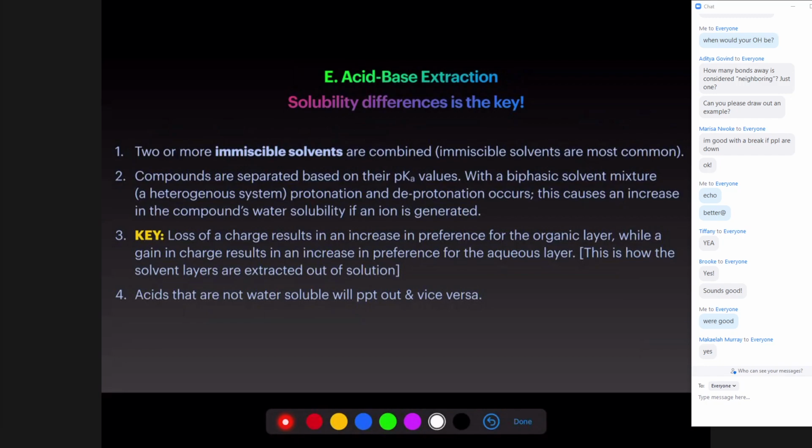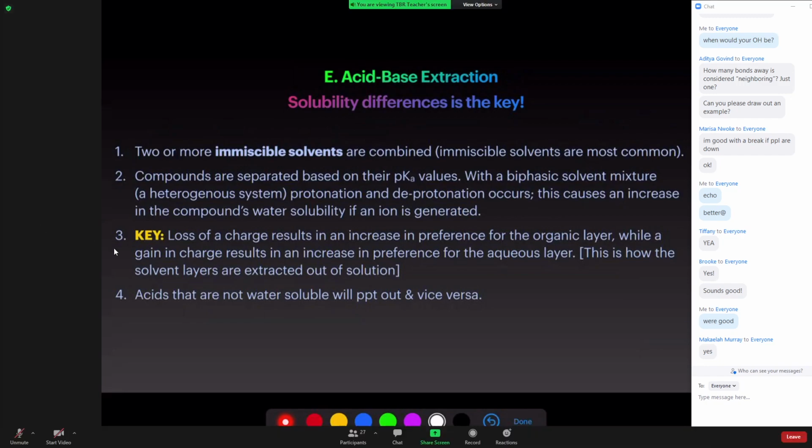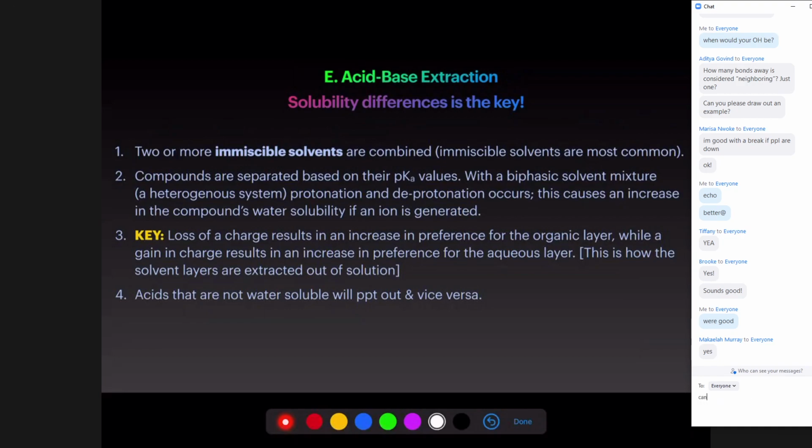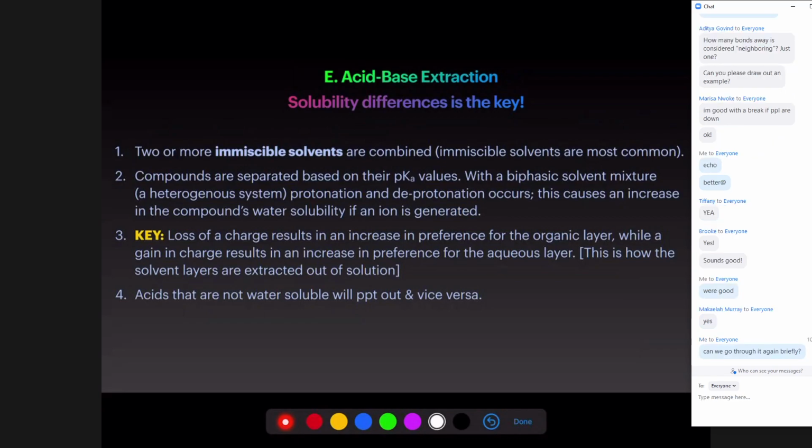I think you guys had Todd maybe go over pKa values. Maybe. So compounds are separated based on their pKa values with acid-base extraction technique.